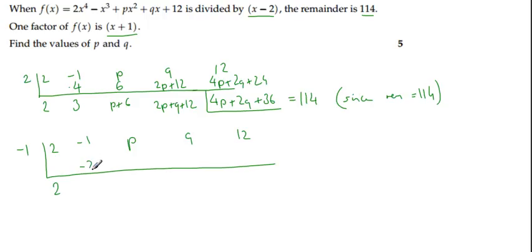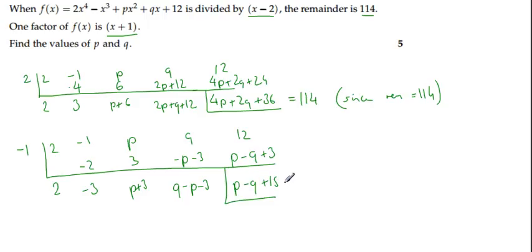Okay, so that's 2, minus 2, minus 3, 3, p add 3, minus p minus 3, q minus p minus 3, which becomes p minus q plus 3, which becomes p minus q plus 15, equals 0, since x plus 1 is a factor.